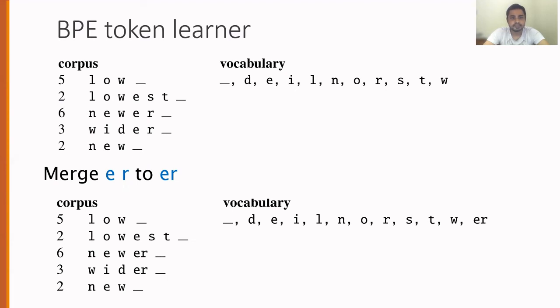As you can see in this example, E and R are the most frequent. So we'll merge E and R into a symbol called ER. And then we will add it to the vocabulary as shown in the next step. After that, we'll replace all of the occurrences of E R in the corpus with the new symbol ER, as shown in the last example.